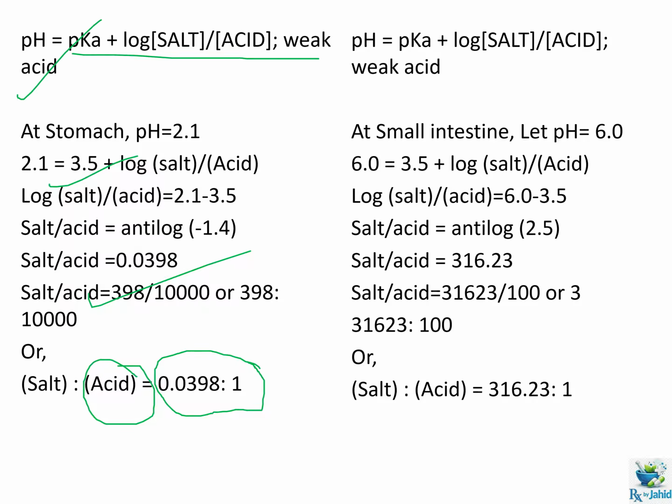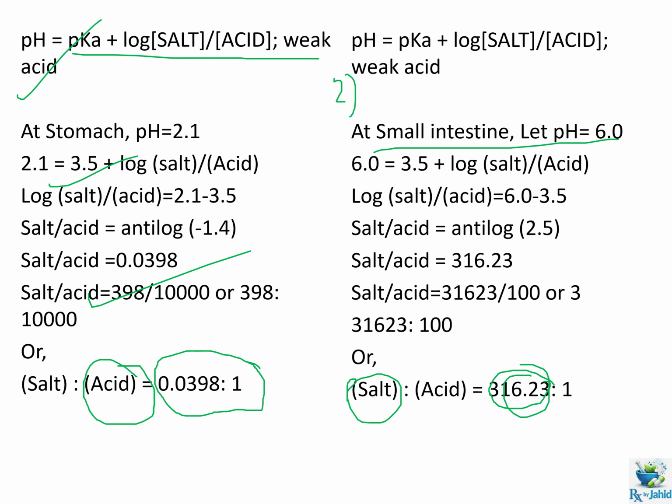Okay, and this is the solution of question number 2. We can see the salt to acid ratio was 316. That means in the small intestine, the salt concentration is higher and the ionized form is higher, and the drug would not be absorbed from the intestine. The drug would eventually be absorbed in the stomach acid.